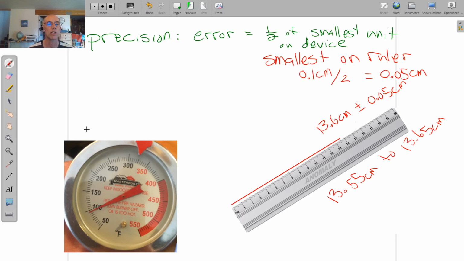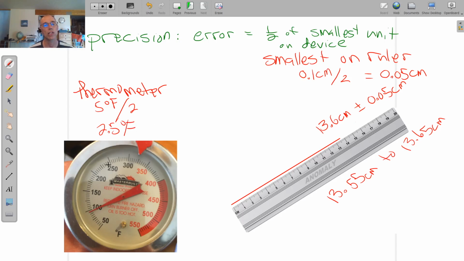So the smallest measurement on the thermometer would be 5 degrees Fahrenheit, the smallest line I can see on there. So anytime I measure something, I'm going to be off by up to half of that. If I divide that by 2, that gives me 2.5 degrees Fahrenheit.